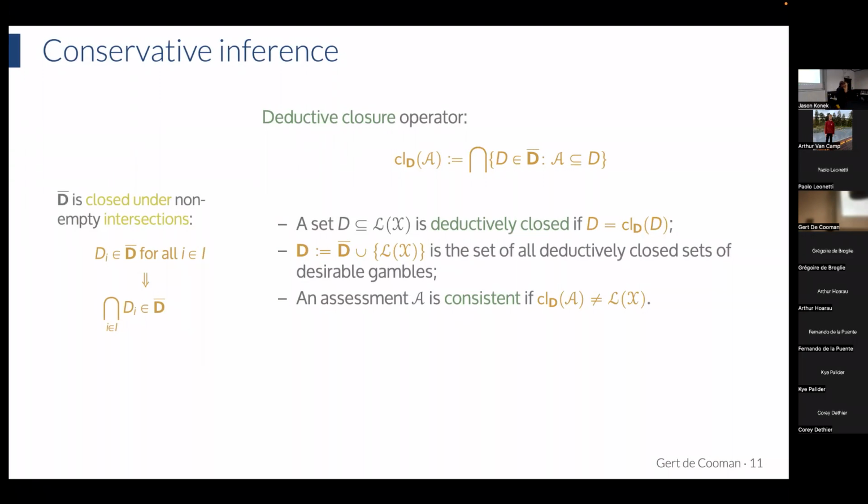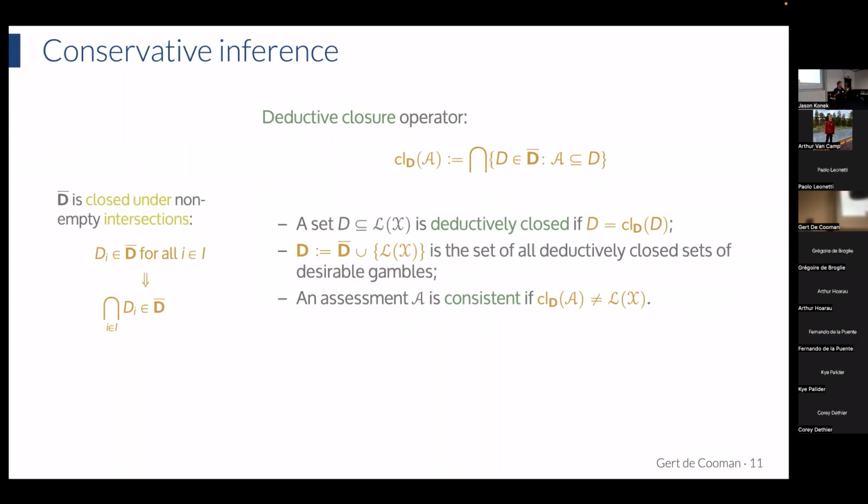And it will, by construction, be the smallest coherent set that includes A, because it's the intersection of all the coherent sets that include A. So this operator takes any assessment and turns it into the smallest coherent set of gambles that includes it. That is what we call conservative inference. We take the smallest set that still includes all my assessments.